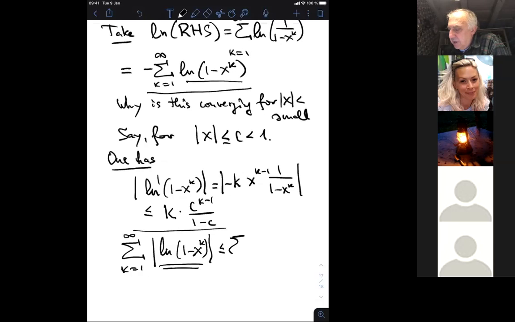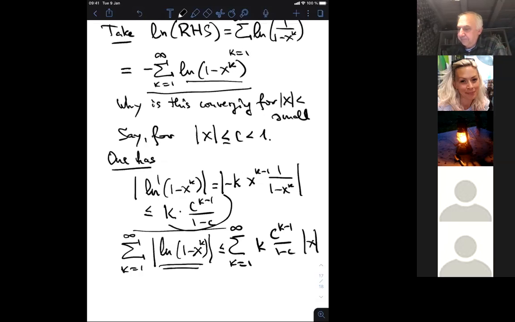We get sum k from 1 to infinity, k, this estimate we're getting here, k c power k minus 1 divided by 1 minus c, times the absolute value of x. And we're assuming that x itself, its absolute value is at most c.